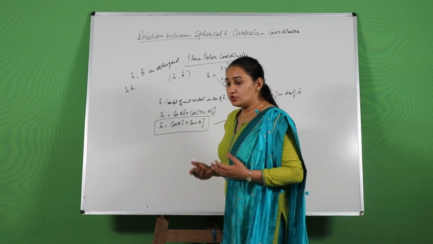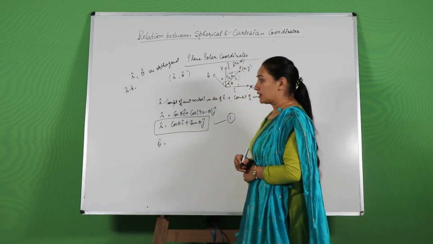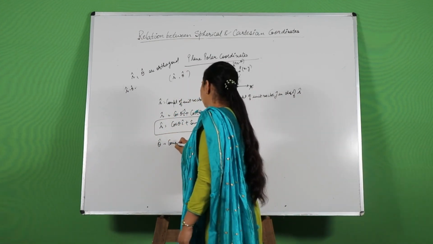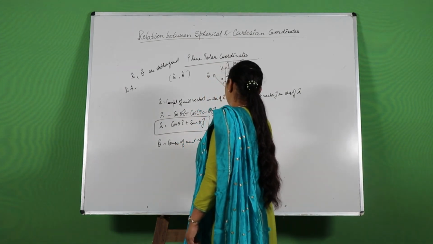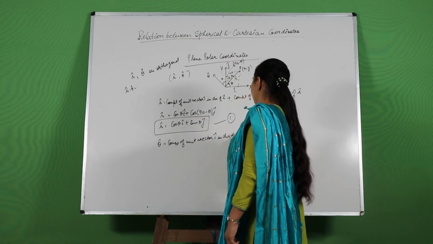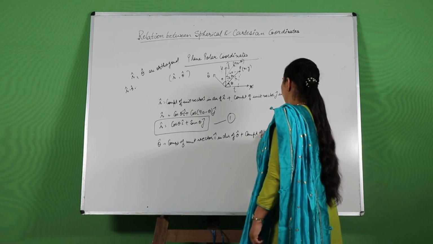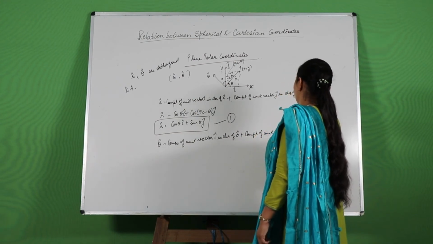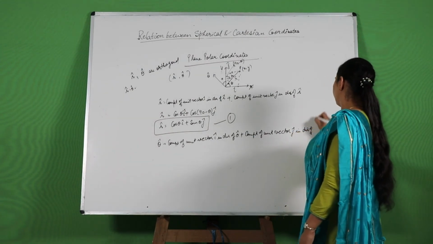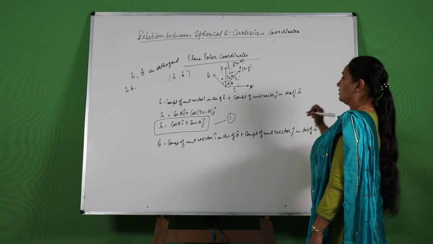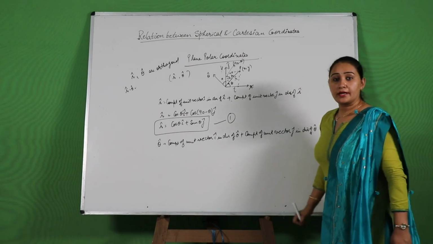Now move on to the unit vector theta cap. Your theta cap will have the component of unit vector i cap in the direction of theta cap plus the component of unit vector j cap in the direction of theta cap. Right?